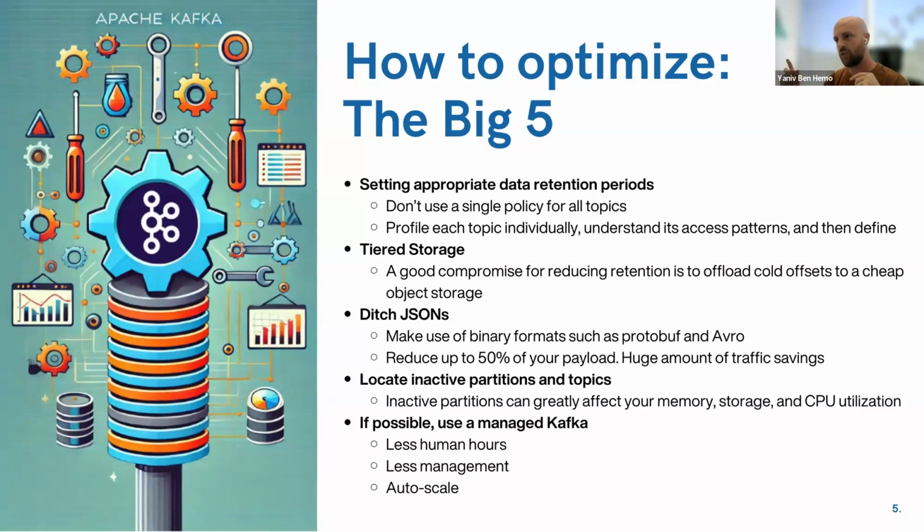So converting or serializing your events into a binary format, such as protobuf and Avro, will reduce up to 50%, in some cases even more, without jeopardizing a lot of the CPU utilization of your clients. So it can be great for data quality, but it also can be great for reducing your payload. So converting your events to protobuf and Avro, or basically any other binary format, means a huge amount of traffic savings.